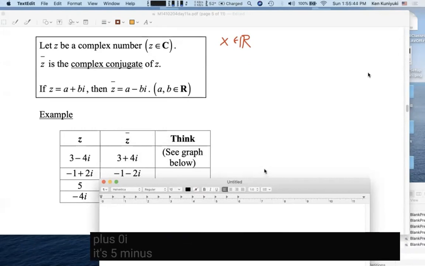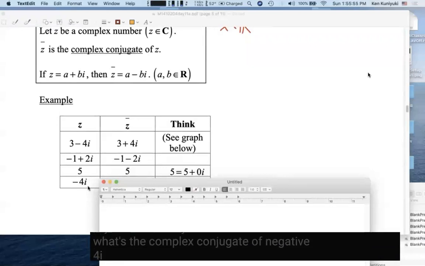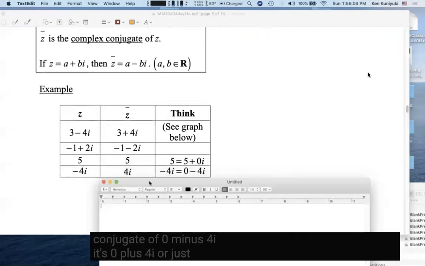It's 5 minus 0i, or just 5. Bottom line, the complex conjugate of a real number is just itself. Finally, what's the complex conjugate of negative 4i? Hint: what's the complex conjugate of 0 minus 4i? It's 0 plus 4i, or just 4i.